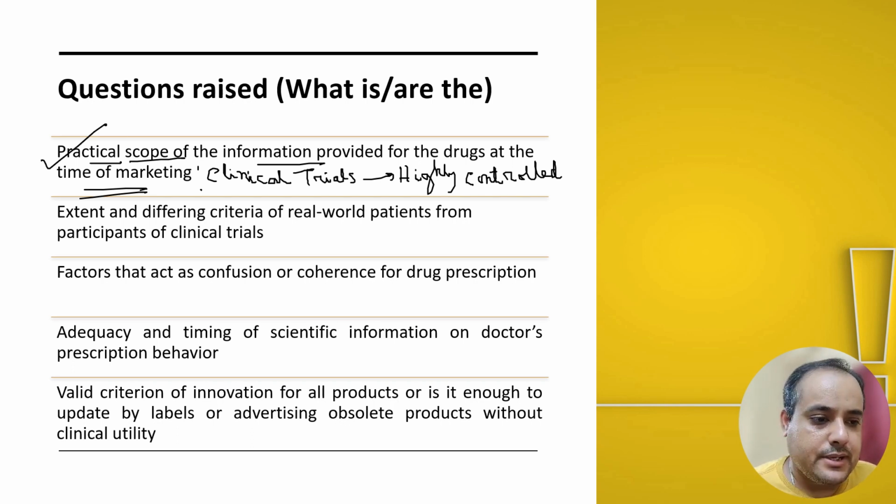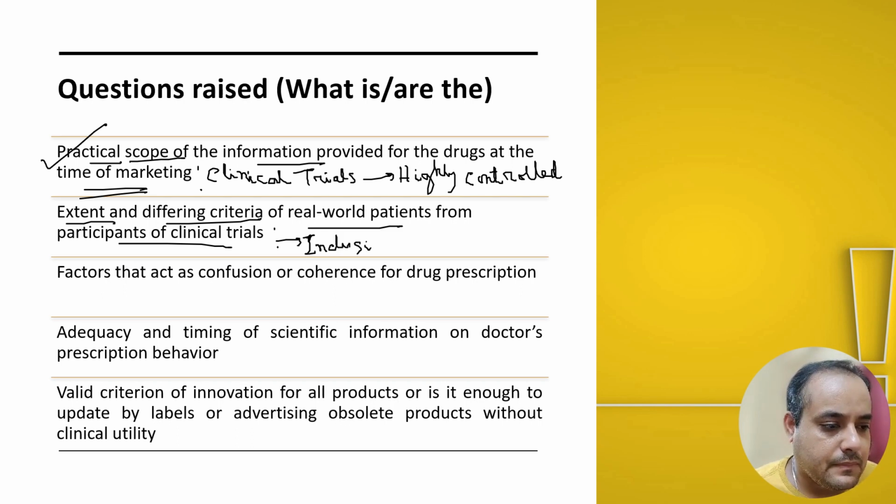The second point is the extent and the differing criteria of the real world patients from the participants of the clinical trials. Because the real world patients will be different from the patients of the clinical trials. The patients of the clinical trials have been selected on the basis of some inclusion or some exclusion criteria.